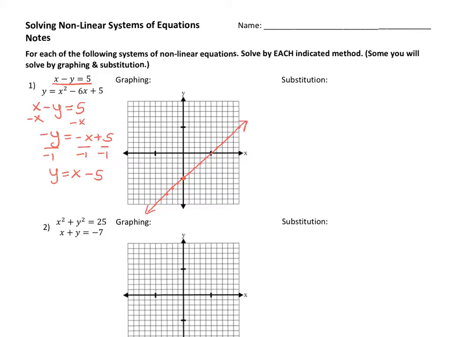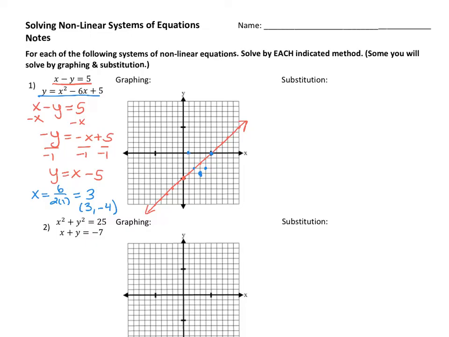Now I'm going to graph my parabola, which is my second equation, using opposite of b over 2a. And I'll find that my x is 3. When I substitute 3 back in, I'll find that the y of my vertex is -4. So I'm going to start my graph at 3, -4. I'm going to use my pattern to then graph my parabola.